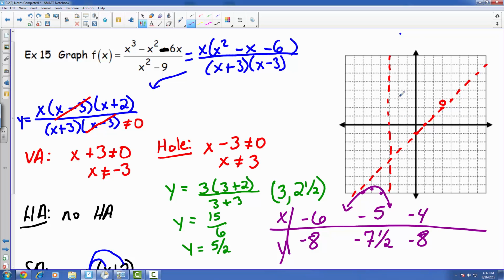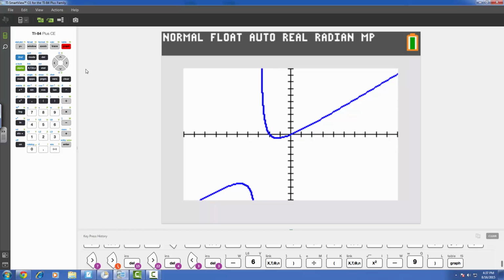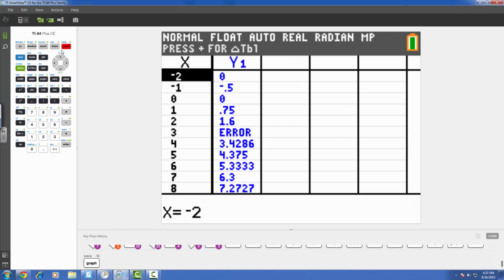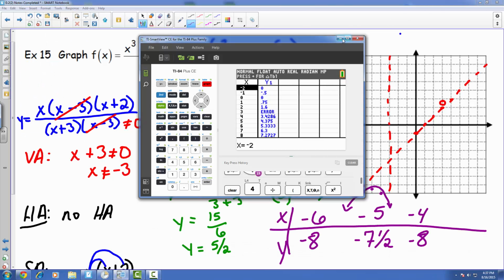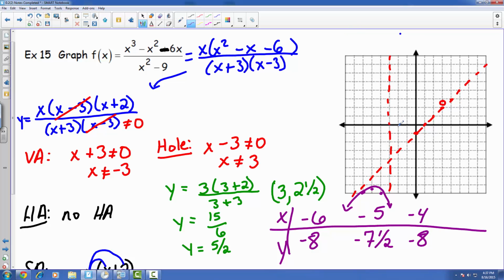Over here on the right side of our VA, instead of actually showing a table, I'd like to actually show the graphing calculator table. So all we have to do is we have our image. Let's go ahead and hit second table. And we see some of those values. Notice at negative 2 we have that y value 0, and at 0 we also have 0. And again, we can algebraically find those as well.